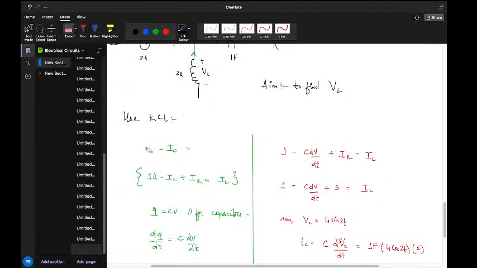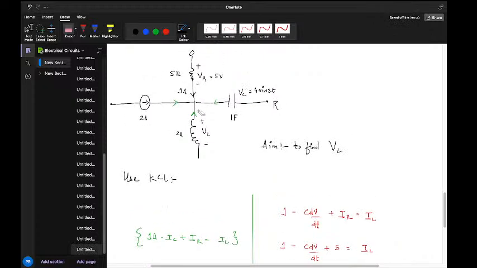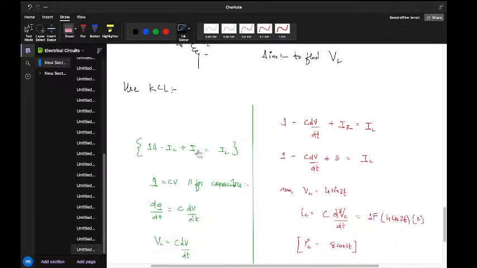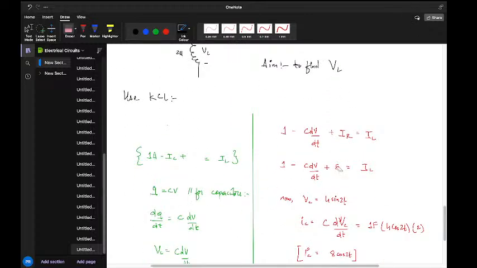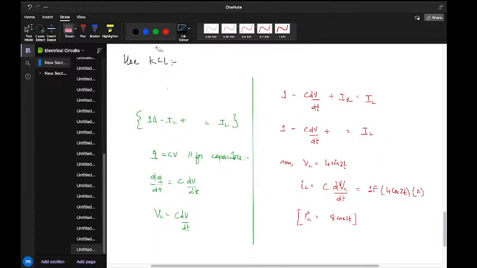So the current through the resistor is 1 amp. So this is I of R, and this is 2 amps out here. Okay, and let's just make it 2 over here. So it's all going to be all right out here.